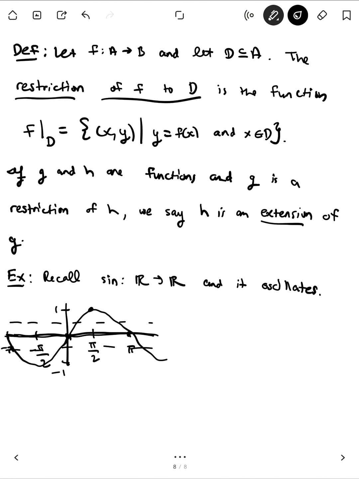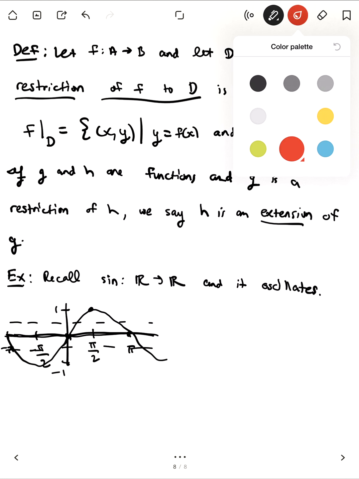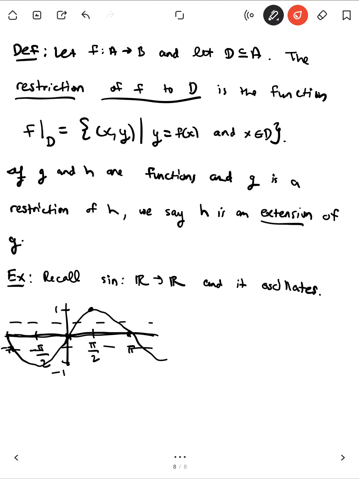However, if you restrict the domain of this function to be from negative pi to pi, then what you get is really a monotonic function, and you can define the inverse function on that restricted domain: arcsine, or sine inverse.